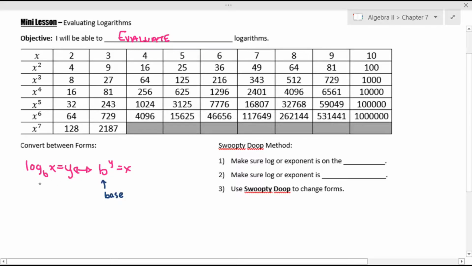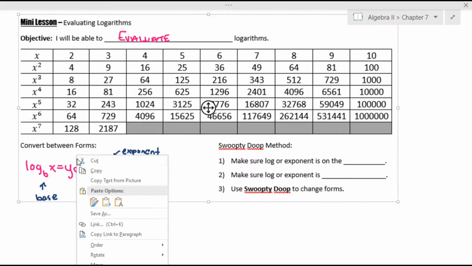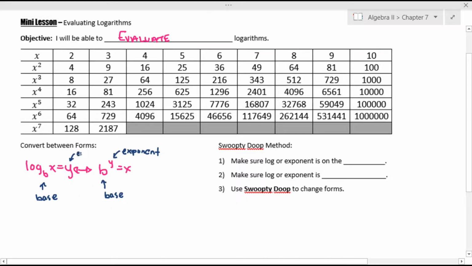We would write log base b of x is equal to y. That's how we write that. This is the base, and this is the exponent. Notice how the exponent comes over here on this side of the equal sign.